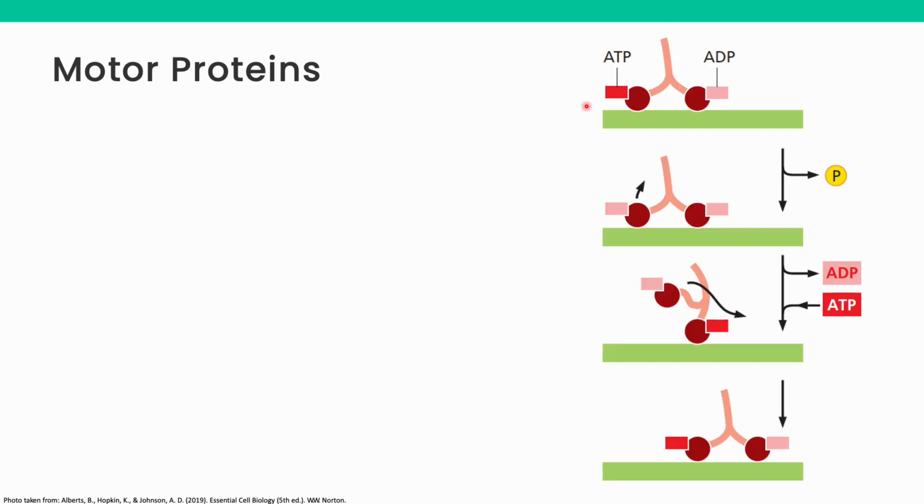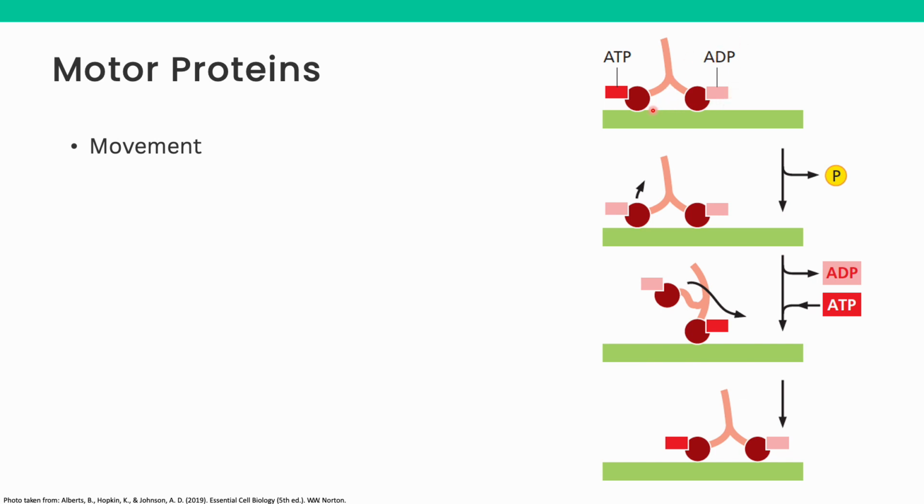In this figure, we can see the different chemical reactions at work as the motor proteins move along our microtubule. First, let's talk about the two different heads. We will call the head here in the front as the front head, and here in the other side we have the back head. Now normally the back head is attached to ATP and the front head is attached to ADP.